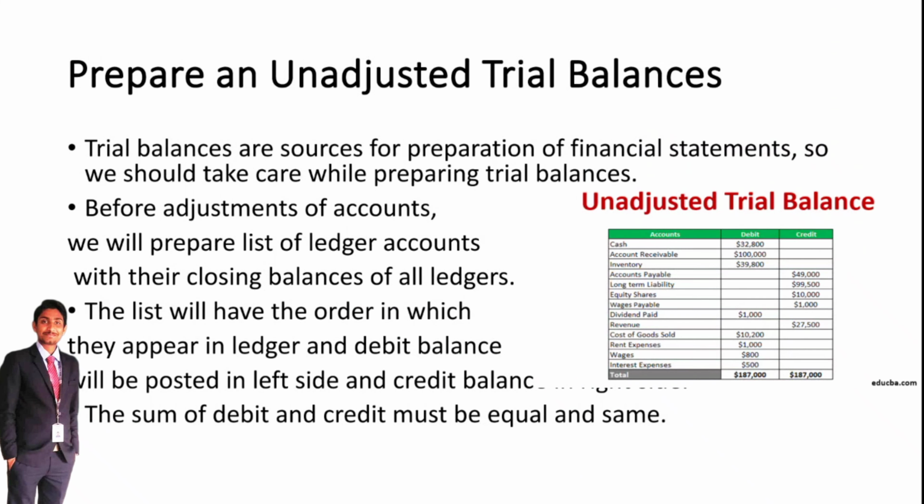After preparation of ledger accounts, we prepare a trial balance. The trial balance is the primary source for preparation of financial statements. Before adjusting the accounts, we prepare the trial balance by using the closing balances of the general ledger accounts.